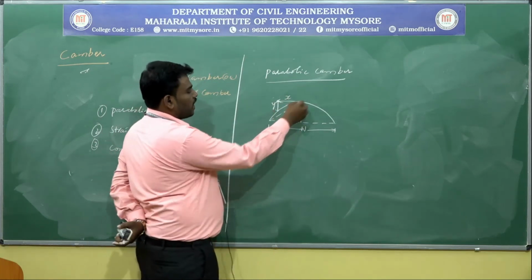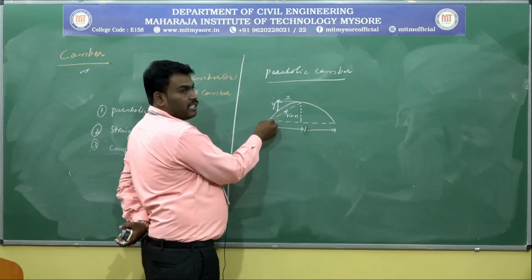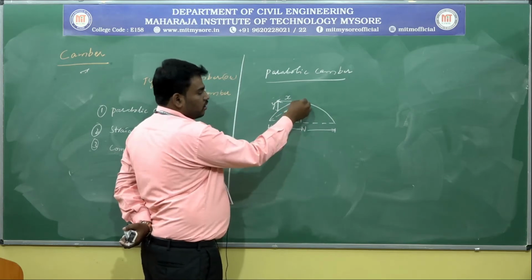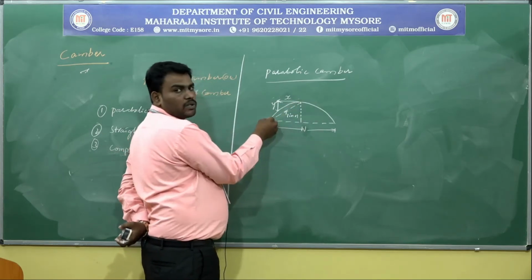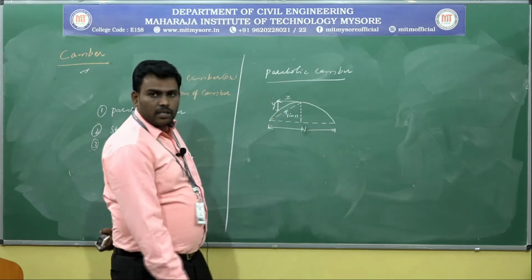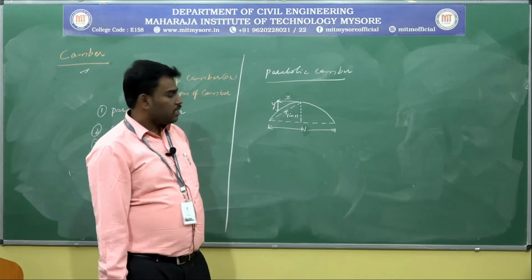And the slope of the line joining the crown with respect to the edge of the carriageway, that is the camber. This is the slope of the line joining the crown with respect to the edge of the carriageway, that is 1 in n. It is the camber. Is it clear?